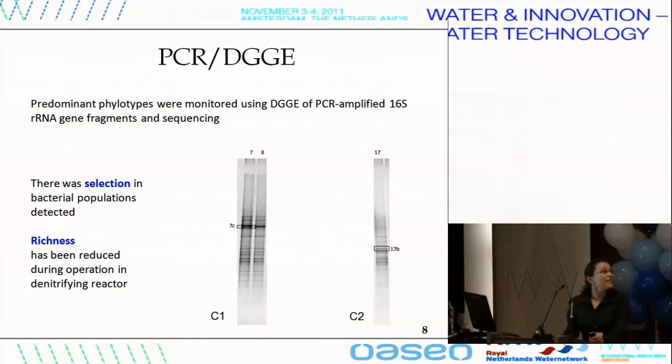We can see there was a selection in bacterial populations, and the richness was reduced during operation in the denitrifying reactor in condition C2, as we expected.